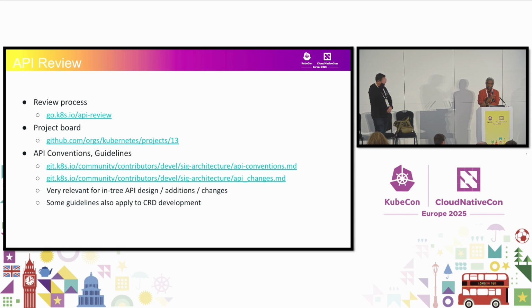I don't work on it directly, but you should look at the API conventions. You should look at the API changes markdown file too, because if you are writing code, if you're writing controllers, if you're doing work in the Kubernetes community, then you should know this by heart. That's what we look for, and whenever you have a PR open, we make sure that you are following all these things.